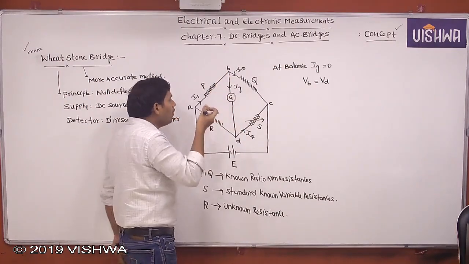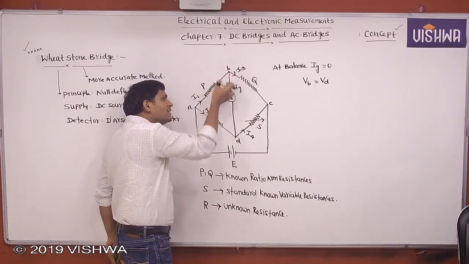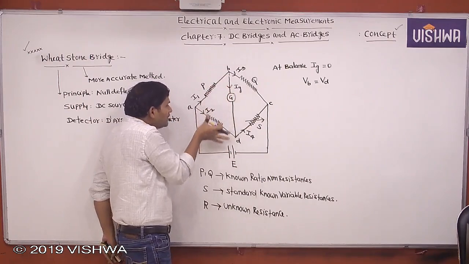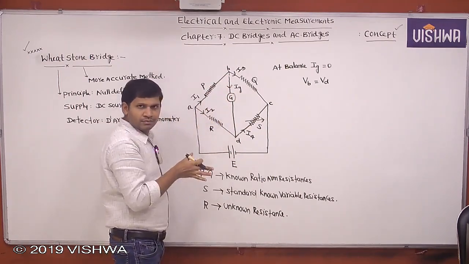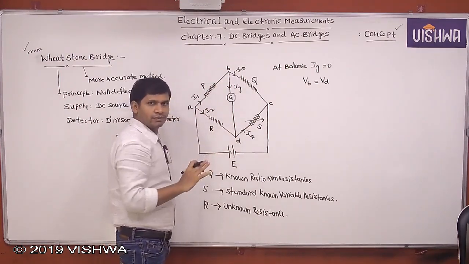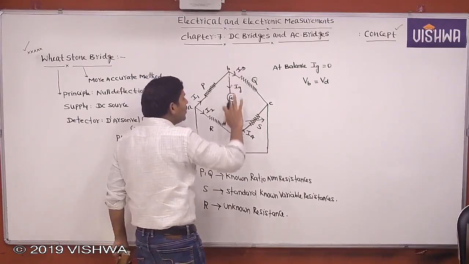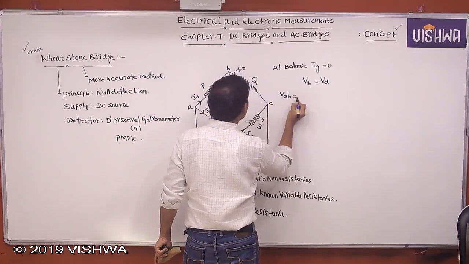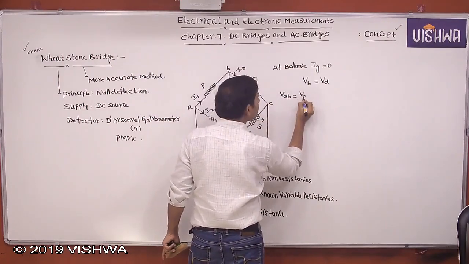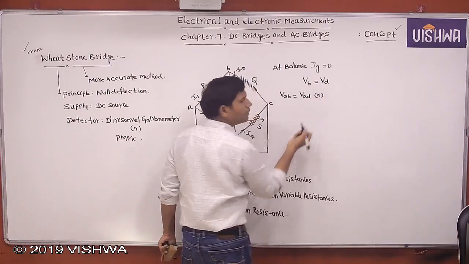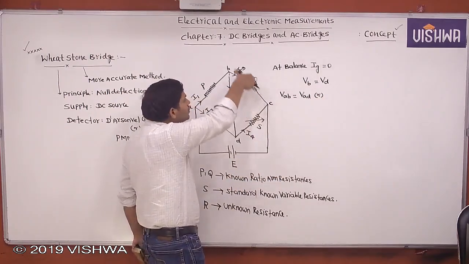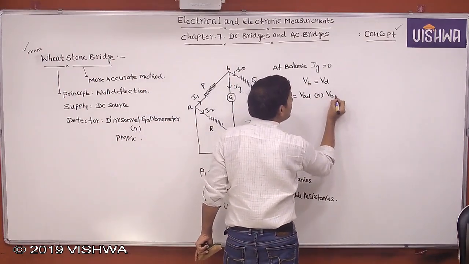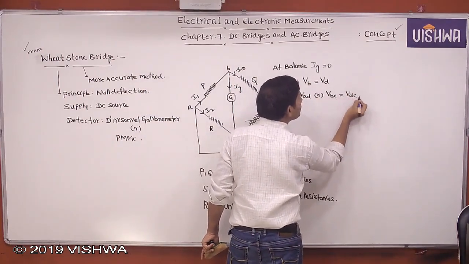Clear? Now, this voltage and this voltage being equal means indirectly that the voltage drops are equal. Then only are these two voltages equal. That means if Vb equals Vd, one condition is Vab equal to Vad, or from this side, Vbc equal to Vdc.